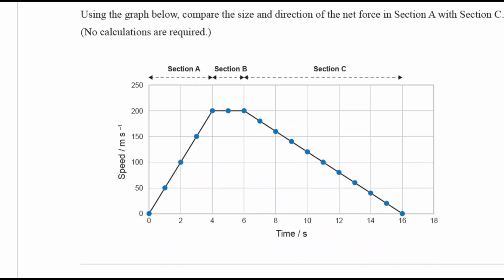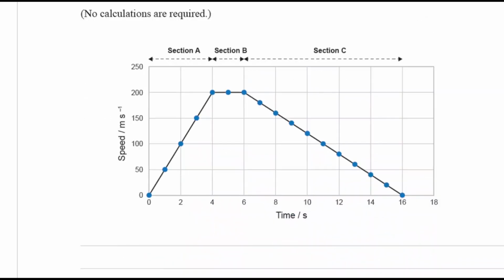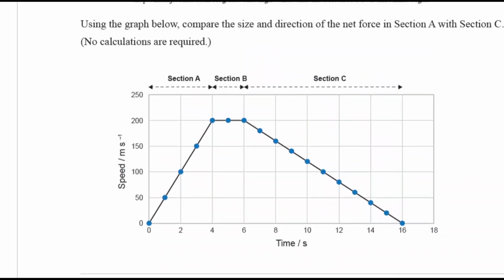So compare the size and direction of the net force in section A with section C. Okay, so we're just given the graph again, and we're just asked to compare them. All right, so direction of the net force.